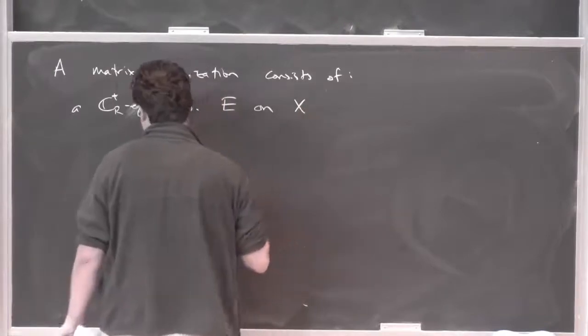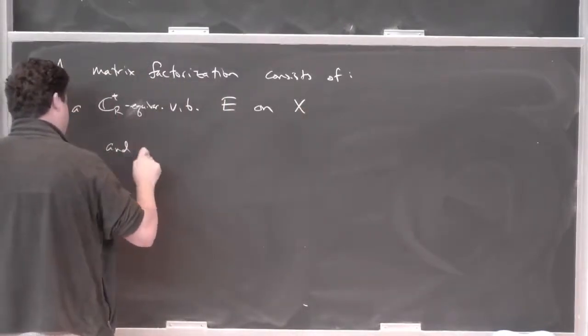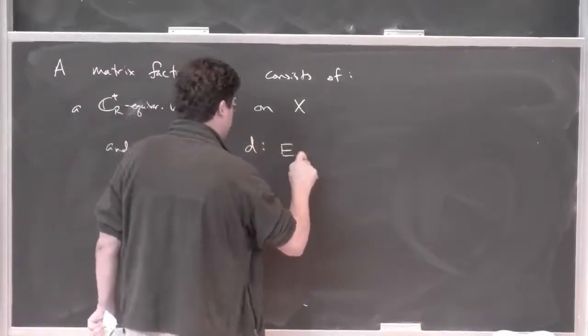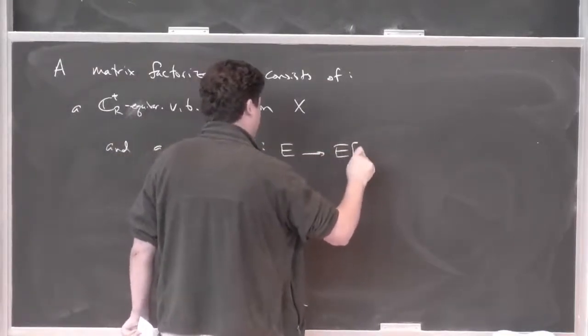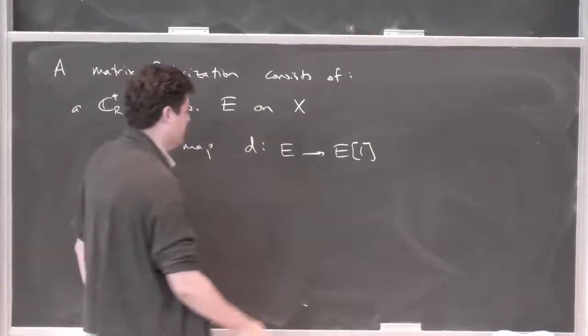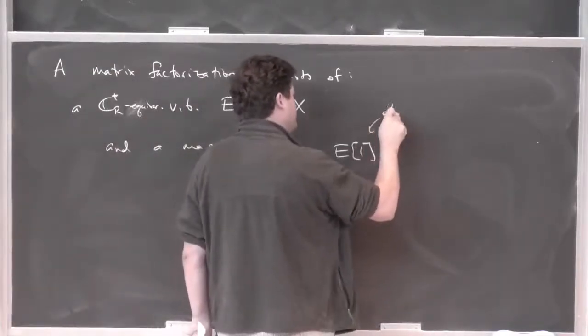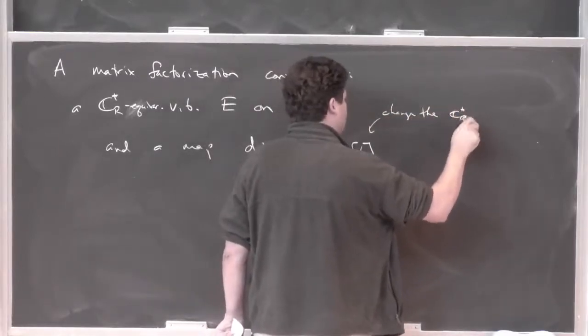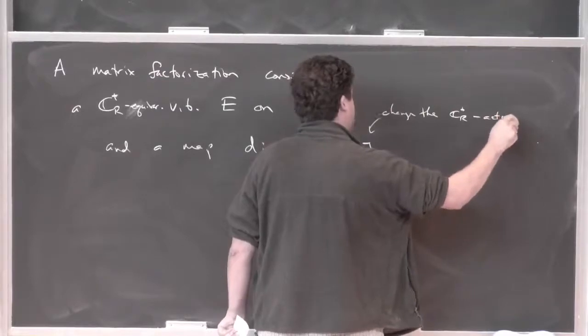and a map D from E to E shifted by 1, where shifted by 1 means change the C star R action, right?